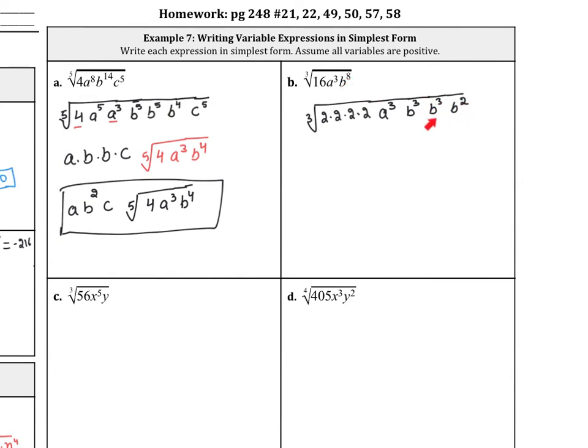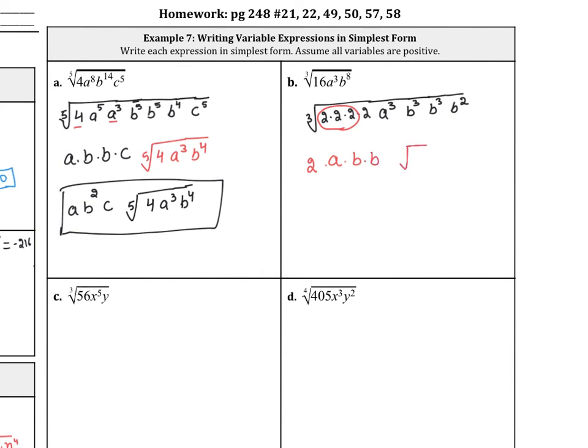So we can break that down as this. This makes a group of 3, so 1 2 outside from each group. This 3 and 3 cancel. 3 and 1 over 3 cancel, so 1 of the a outside. 3 and 1 over 3 cancel, so 1 of the b outside. 3 and 1 over 3 cancel, so 1 of the other b outside.